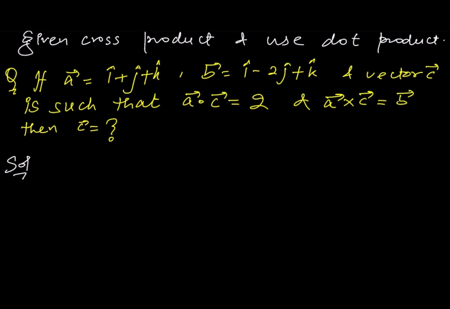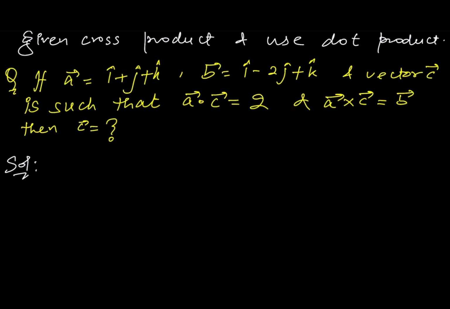So a vector equation is a question having dot product and cross product both in the statement. In this question also there is dot product and cross product, both given, right?